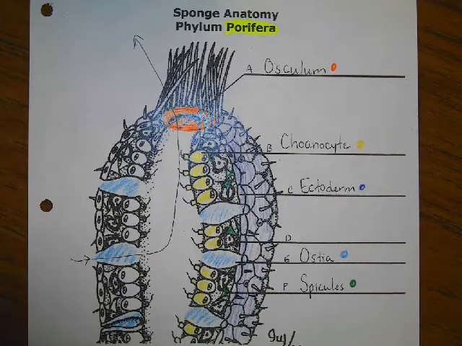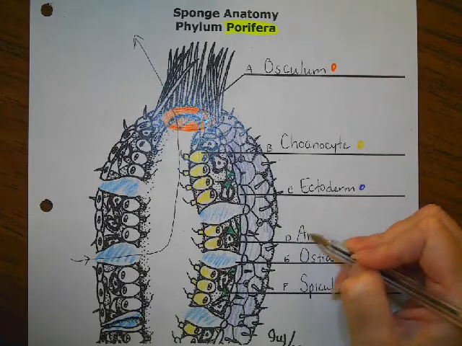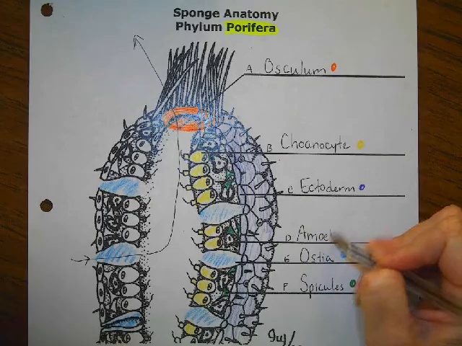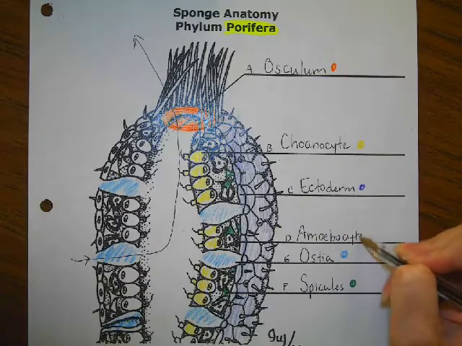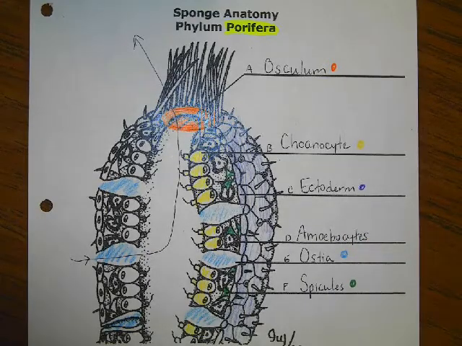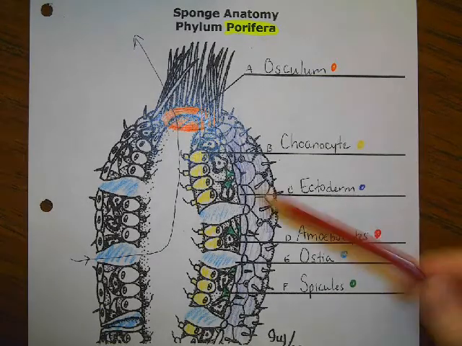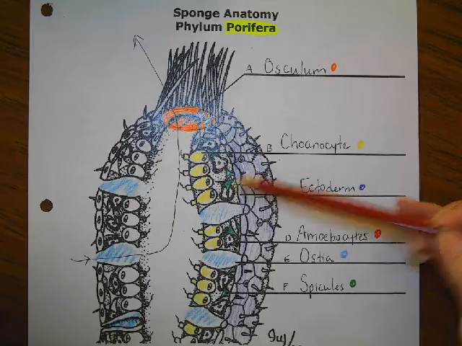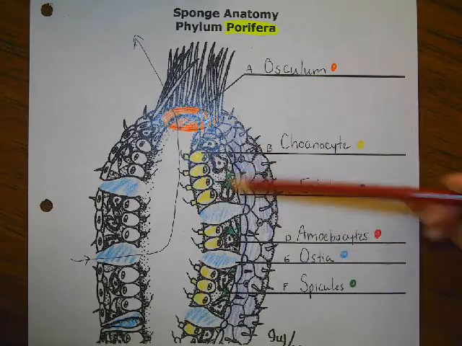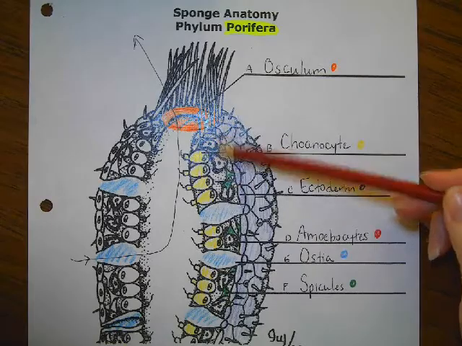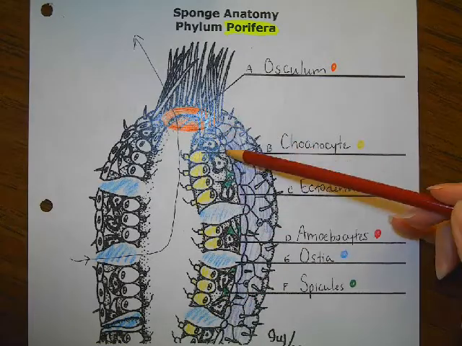And then in the middle, we have the amoebocytes. And I'm going to make the amoebocytes red so you can really stand out here. The amoebocytes are found in between the epidermis or ectoderm and the choanocytes or the collar cells. So they're found in this area in the middle between the two body walls in the area called the mesoglea.